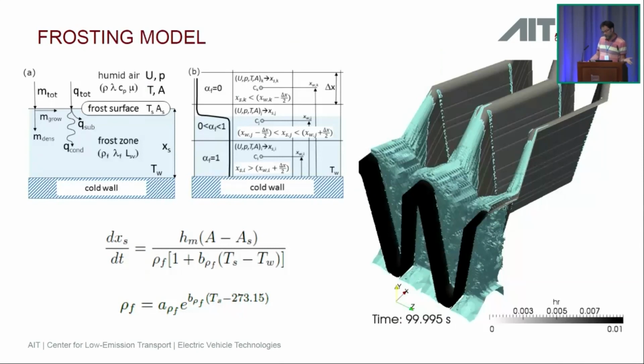frost modeling, or accretion of the frost on the evaporators of heat pumps, which is a very nice topic, and it's safe to do various simplifications because the characteristic timescales involved are so different that you can simply assume from the flow field the variables that you need for the growth of the frost layer.